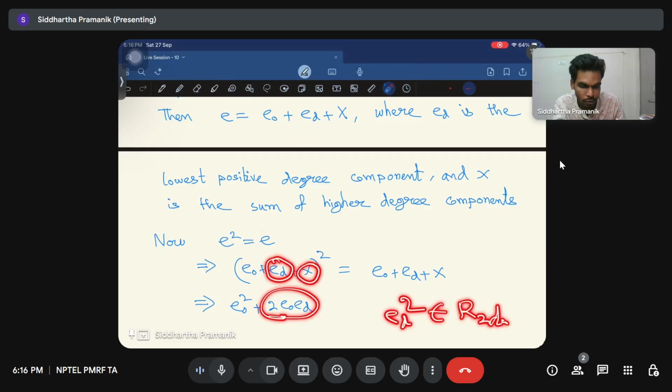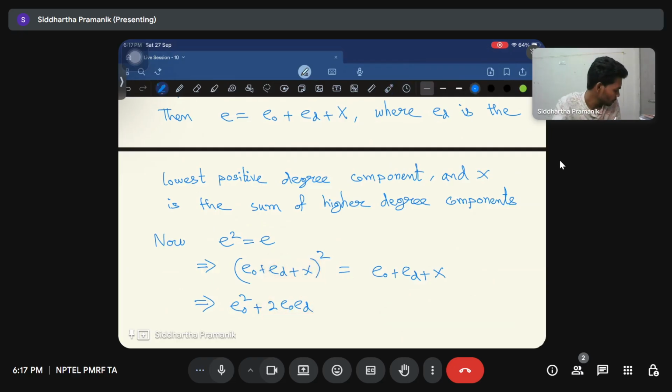And the elements of X are also of positive degree, higher degree terms, so if we multiply them with themselves, we will get even higher degree terms. So we can write this as plus higher degree terms.